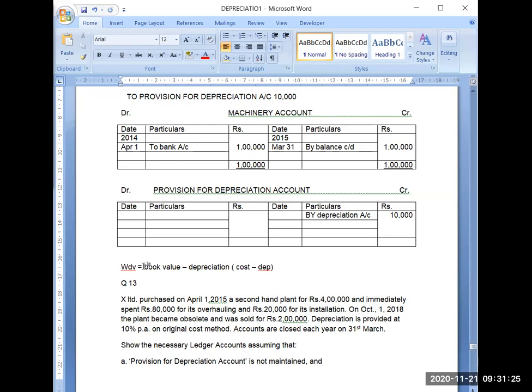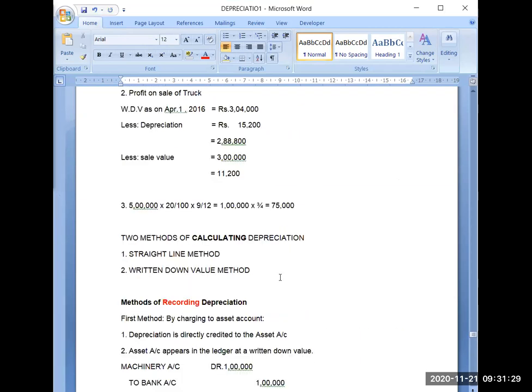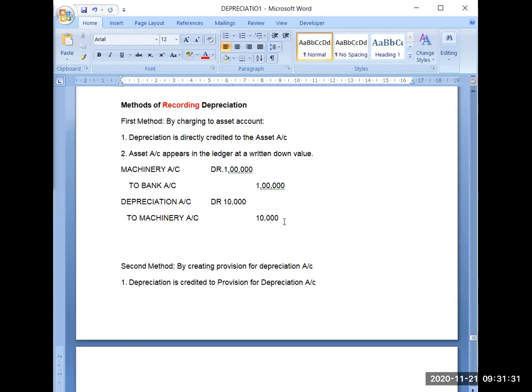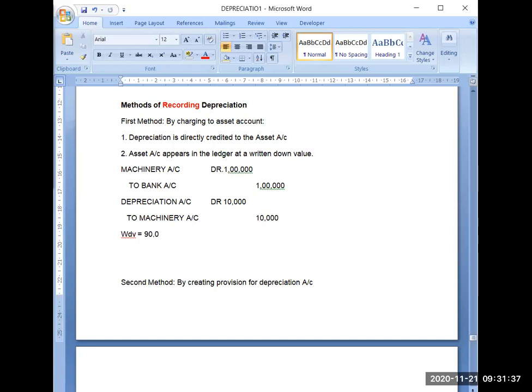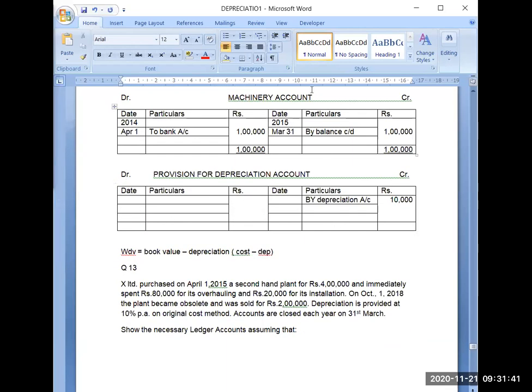So you can see that in this method, we have calculated the written down value as 90,000. If I want to ask you the written down value of machinery, it will be 1 lakh minus 10,000, the amount of depreciation charged on that machinery.